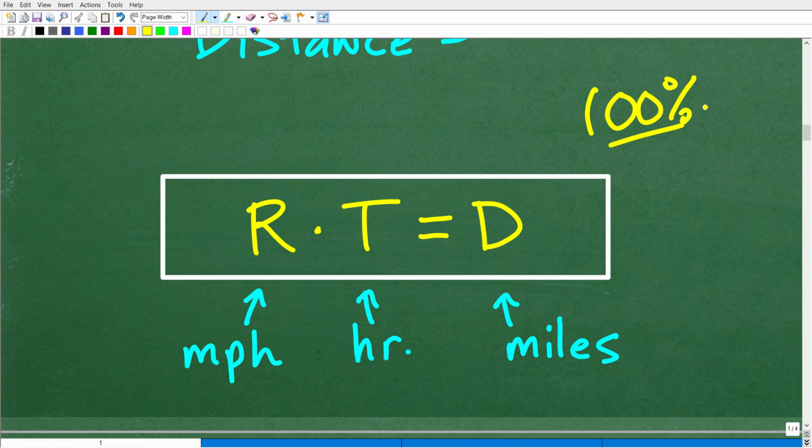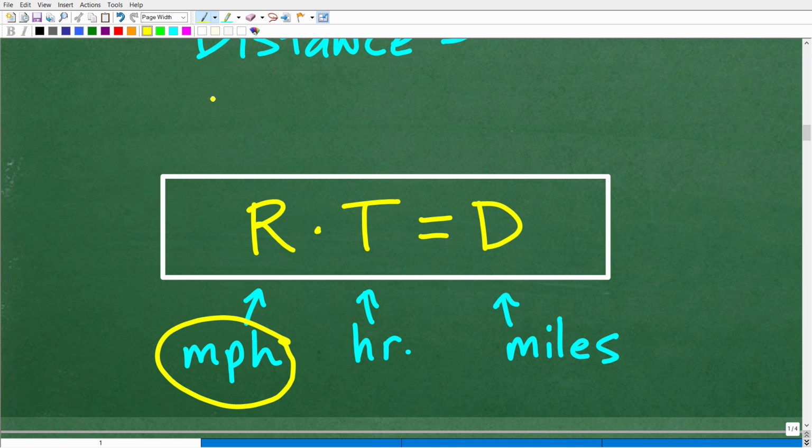It's a pretty simple formula, but what gets people in trouble here is working with the units of measure. So let me go ahead and explain this right now. Rate, or speed, times time is equal to distance. Now, we're talking about the rate of this car in miles per hour.